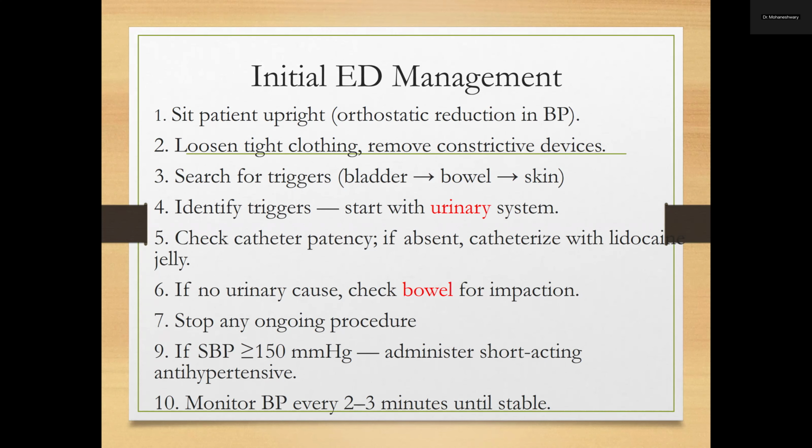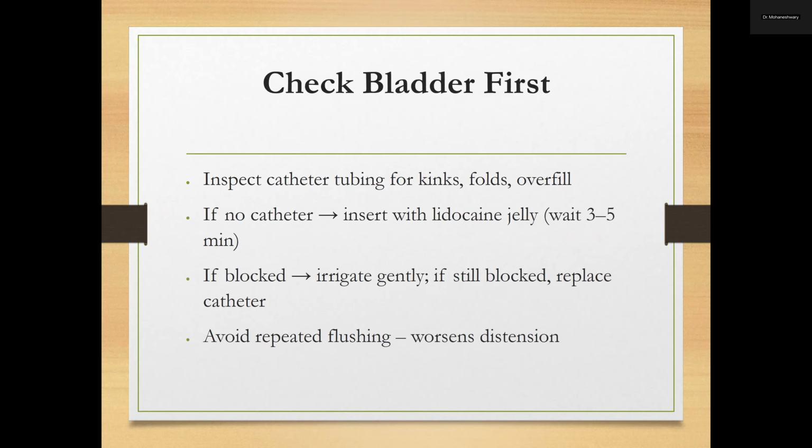We want to induce the orthostatic effect. This is very, very important, so do not lie the patient flat. Loosen all their tight clothing and look into each system while blood pressure is being monitored. If the blood pressure is more than 150 systolic, you need to start pharmacological medications.